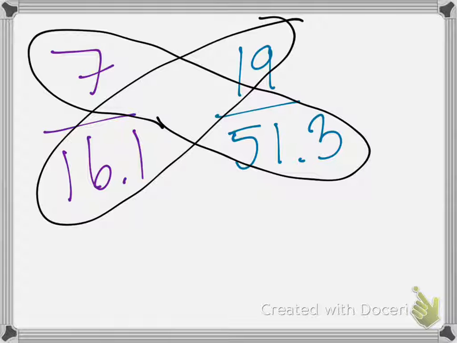So, do we think that 7 times 51.3 is going to be bigger than 16.1 times 19? Yeah, because 51.3 is really, really big. We don't even need to do the calculations. We can just guess. And it makes sense. The answer is 7 over 16.1.